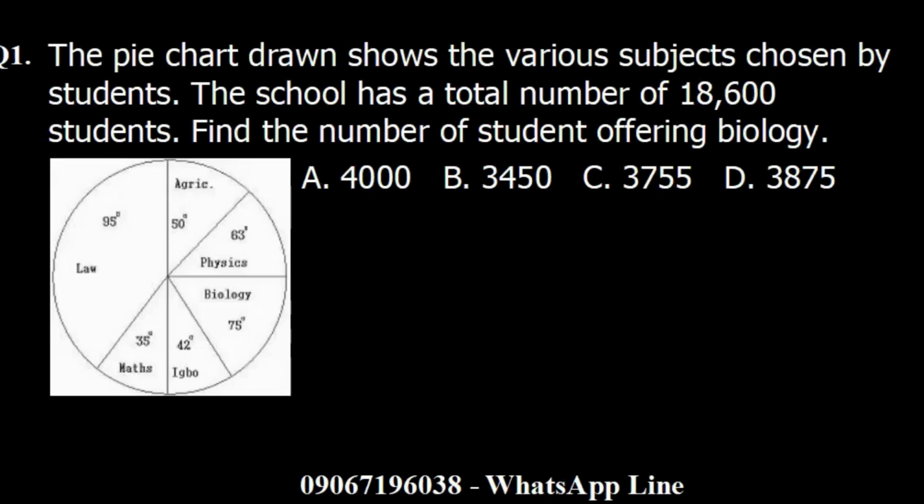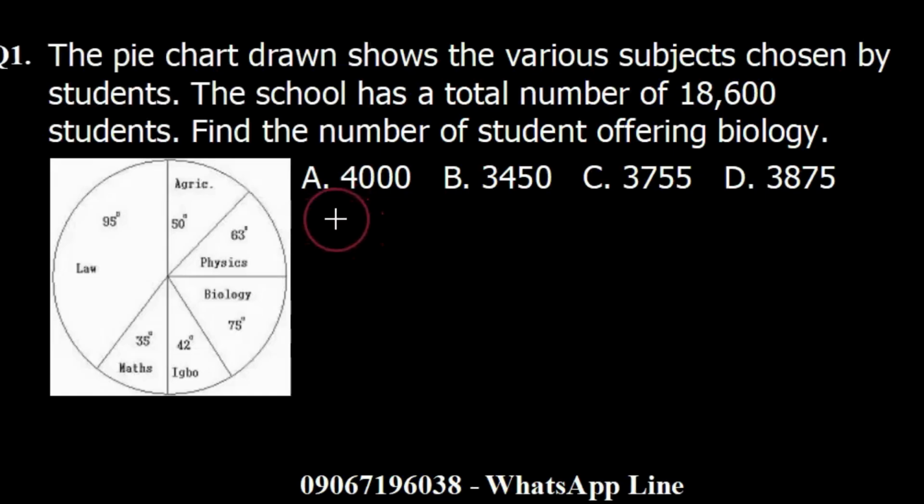And so first of all, we must note that this is a pie chart, and then we have law 95 degree, agric 50 degree, physics 63 degree, biology 75 degree, Igbo 42 degree, and maths 35 degree. Now the sum of all of these should give you 360 degree. That's the first thing that you need to note.